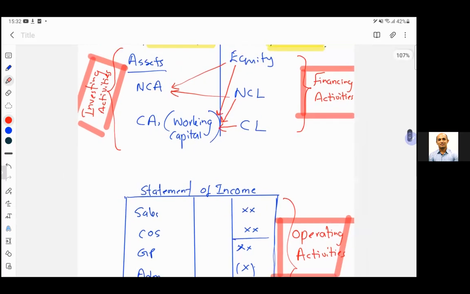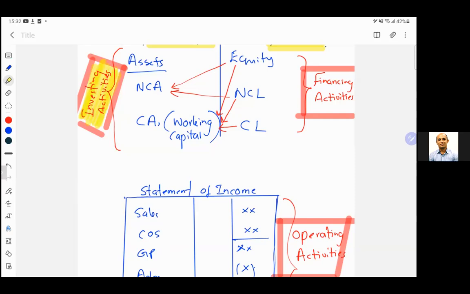Now you see, we should analyze these three activities. So today we'll study the analysis of companies' investing activities.